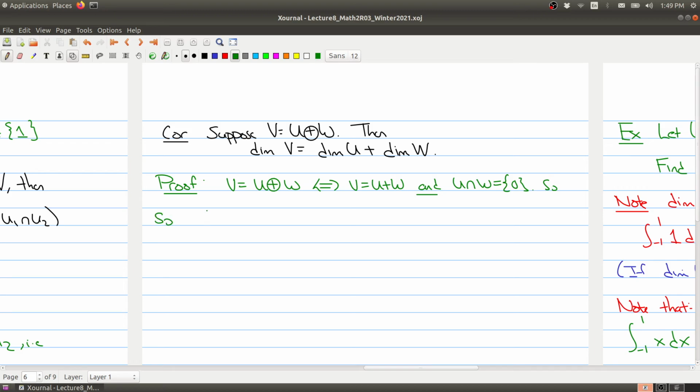The dimension of V is equal to the dimension of U plus W, which is equal to the dimension of U plus the dimension of W minus the dimension of U intersect W. But this last part is zero because the intersection is zero. So we get the dimension of U plus the dimension of W.